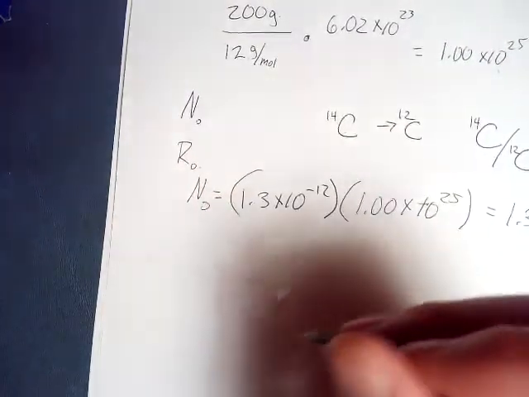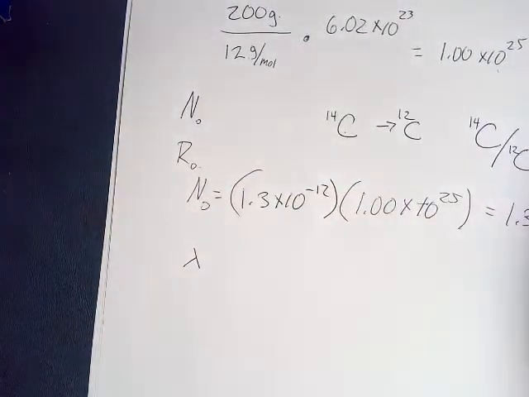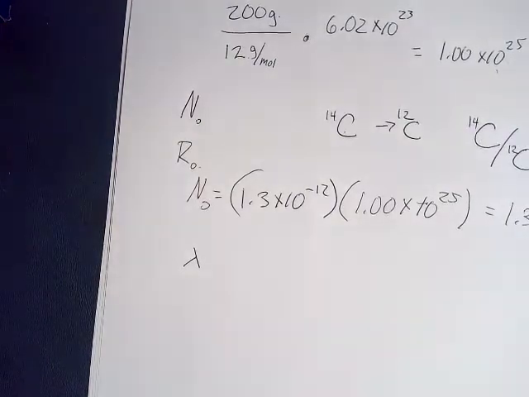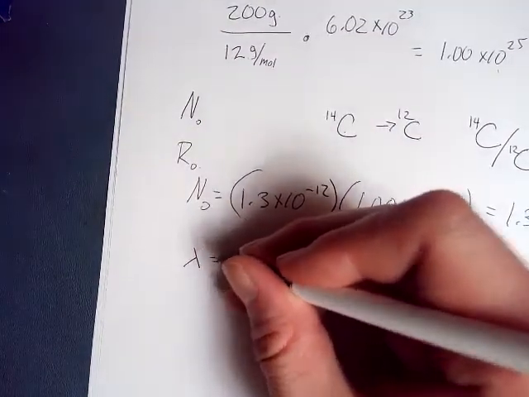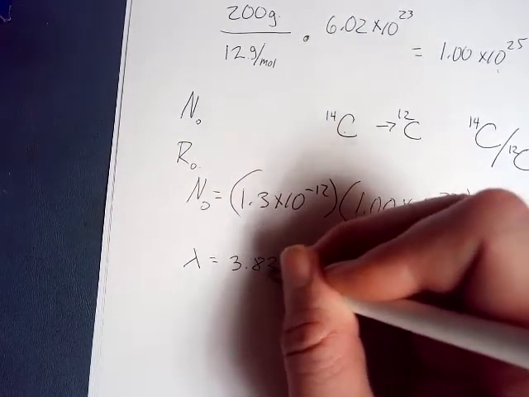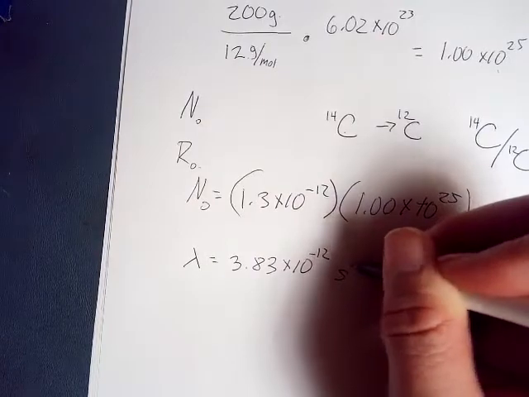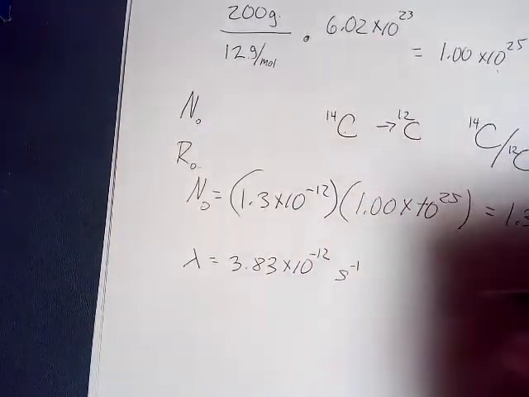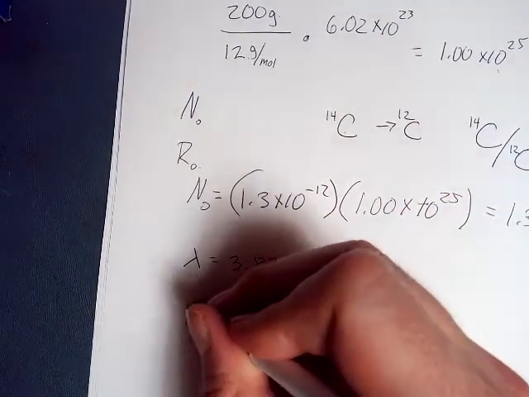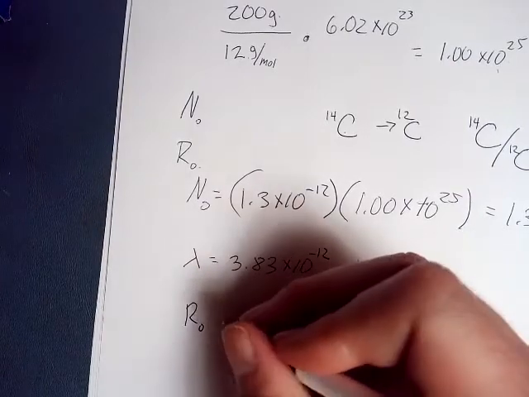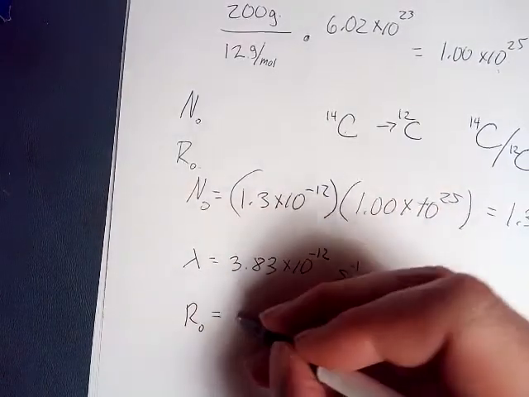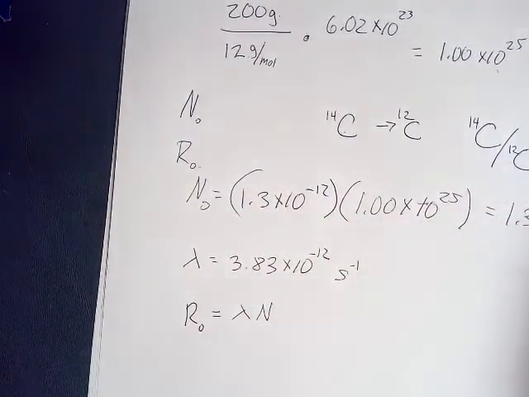So we need lambda for carbon, and I'm sure they gave this somewhere. I'm just going to assume we're given this. I think we did this in the previous problem. Okay. So R naught is just lambda N.